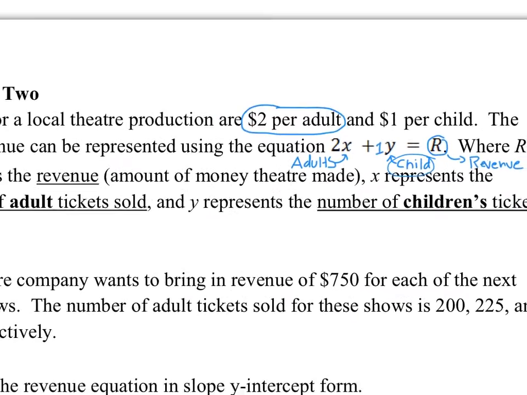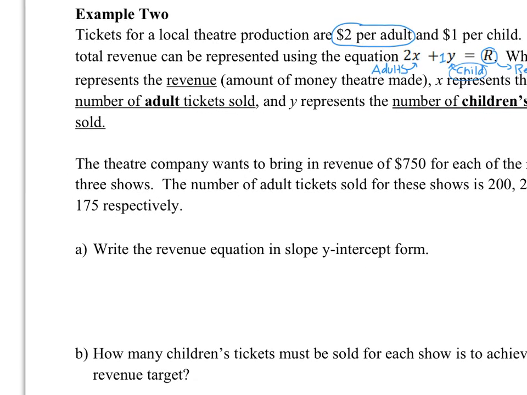So I'm going to take my equation, 2x plus 1y equals r, and I'm going to rearrange it so that I turn it into slope y-intercept form, or y equals mx plus b.